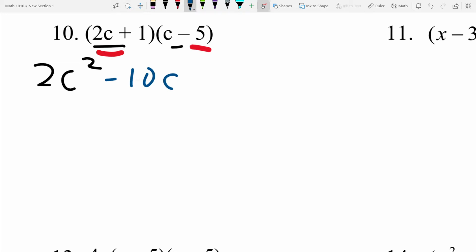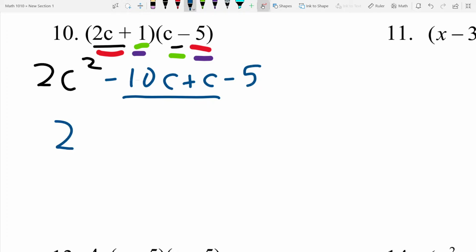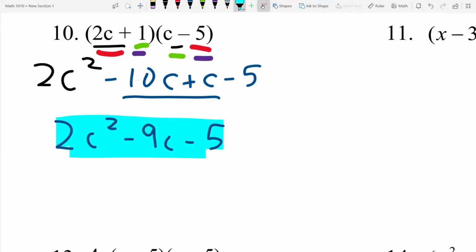Good. And then inside is 1 times c, which is a plus c. And then last is a positive 1 times a negative 5, which gives me a negative 5. Then I'm going to add those two middle terms together, and my answer is 2c to the second minus 9c minus 5. That's my answer. Highlight, and I'm done.